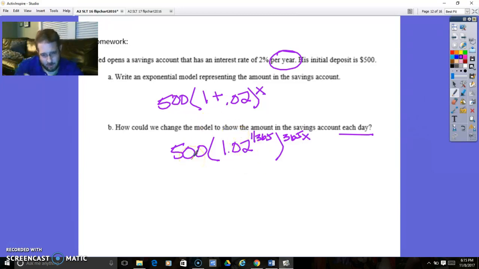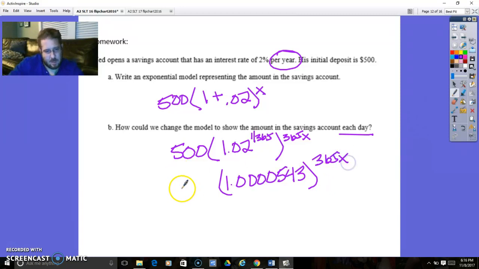Okay, so calculator, 1.02 to the 1/365th is 1.0000543. I'm going to round that to 3 significant digits, to the 365x, and your initial amount of money was $500. All right, so there is your number.